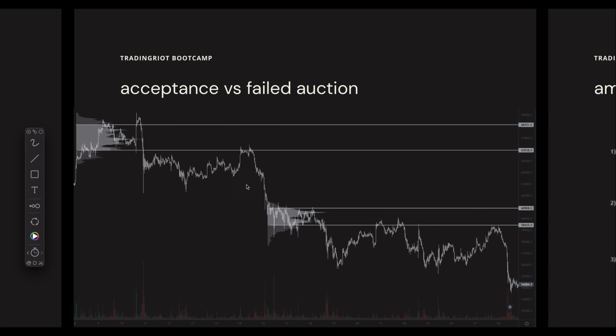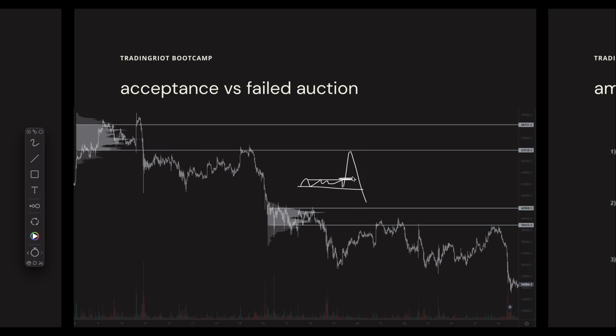Time is a good measure for acceptance. The longer the time the market spends outside of the level, the more likely it is to accept. This is why, for example, when you have some sort of a cluster or value and the market breaks from it, I'm not just sticking the limit order here after the first candle, because what very often happens is this.